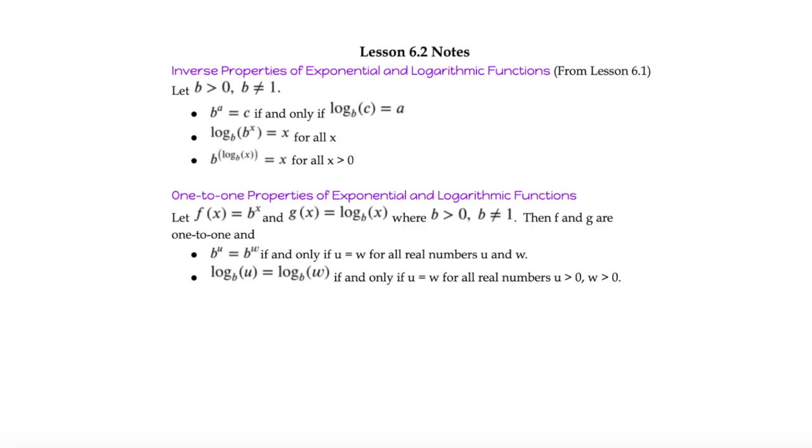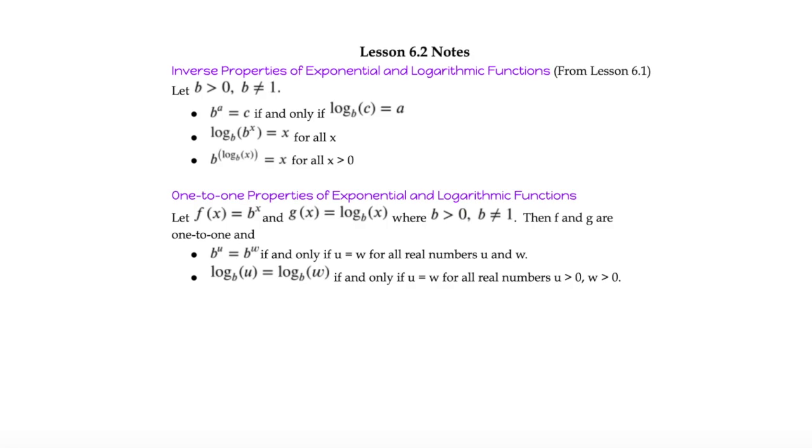I grabbed a couple of items from yesterday's notes because they bleed into what we're doing today. We learned from lesson 6.1 that exponential and logarithmic functions are inverses of one another. That first bullet point tells us that we can transform from an exponential function into a logarithmic function pretty easily.